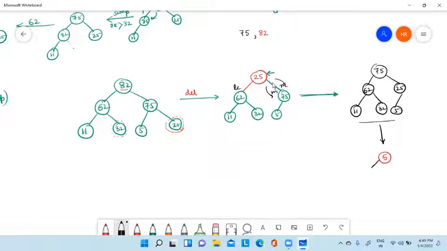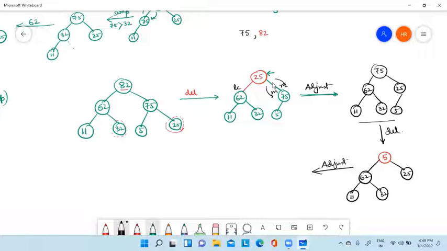Then on this side 62, this side 25, this side 11, this side 32. Again it is not a max heap, so you have to write here adjust. So here delete. Now you have to do the same thing, adjust.